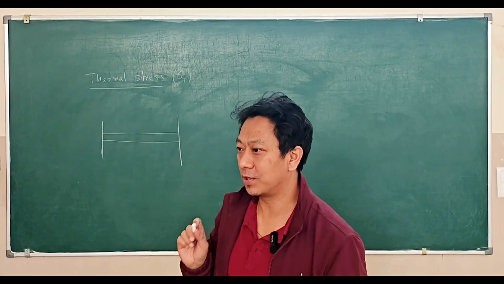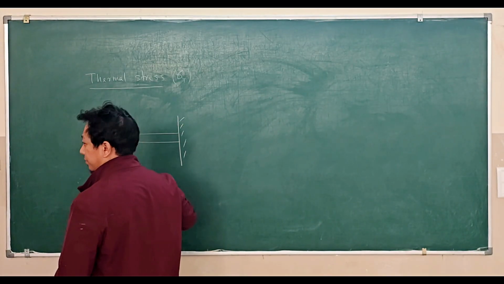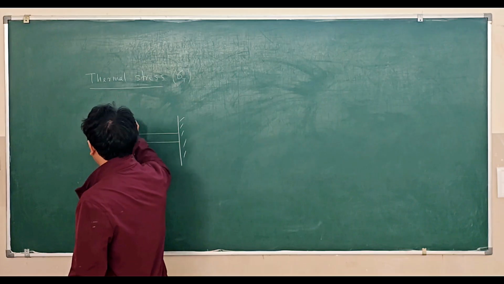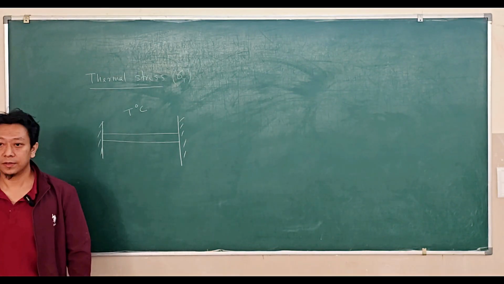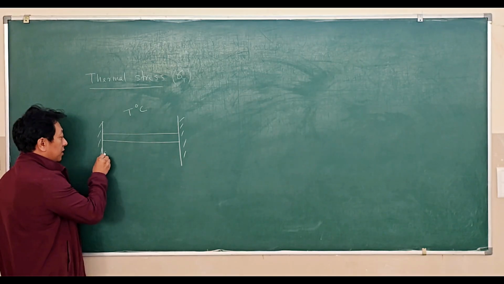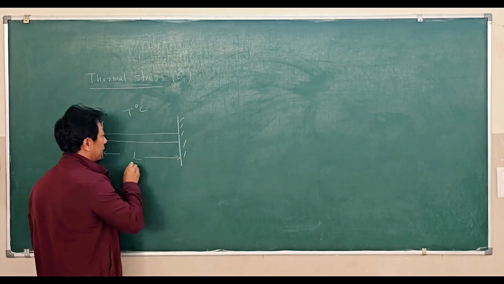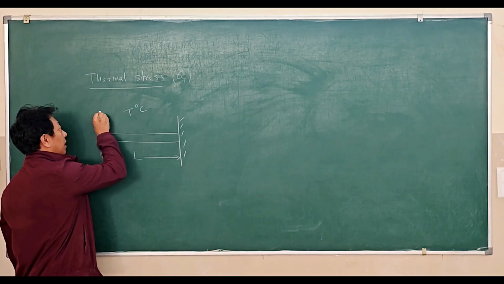So right now you can imagine tension is 0. And at that temperature, let us assume T degrees Celsius, this rod is here and the original length is L. Area of cross section is A.